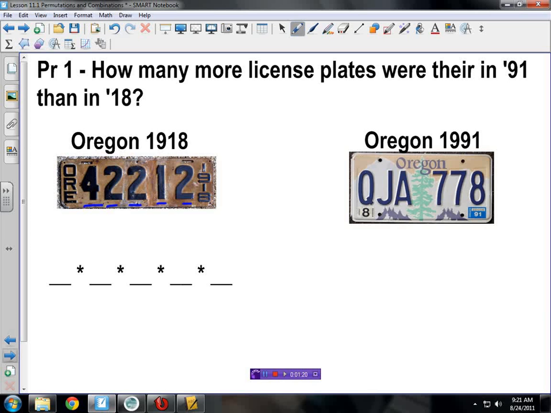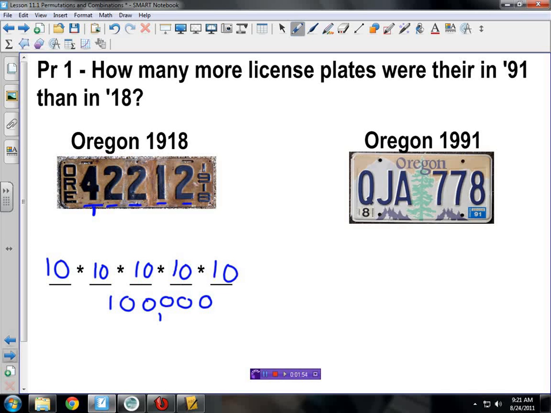For the first number, there are 10 total numbers they can pick, 0 through 9. For the second one, there's another 10, and then 10 for the third, 10 for the fourth, and 10 for the fifth. So we get 10 times 10 times 10 times 10 times 10, which is a 1 with 5 zeros, or 100,000. Obviously that wouldn't cut it in today's times, because there's more than 100,000 cars in Oregon.